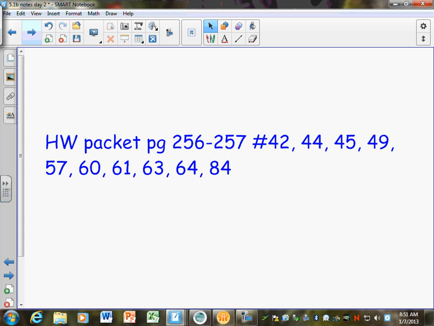So this is still from that packet, and I believe this is the one that's actually stapled, and you have this page in there. Starting at number 42. You can kind of just circle them on there if you want on the packet. Most of them are what?